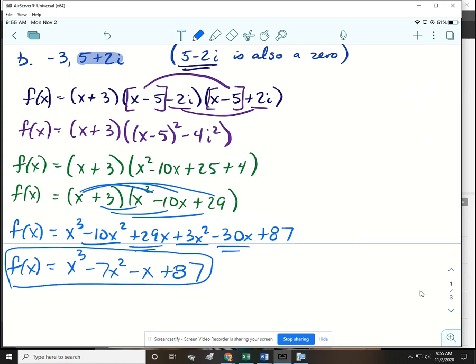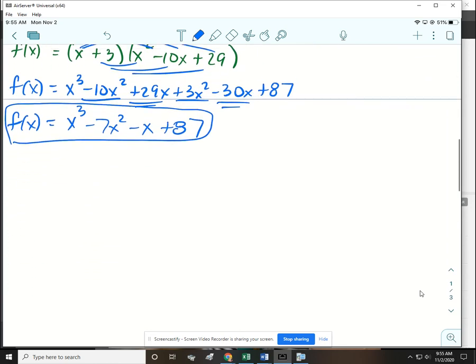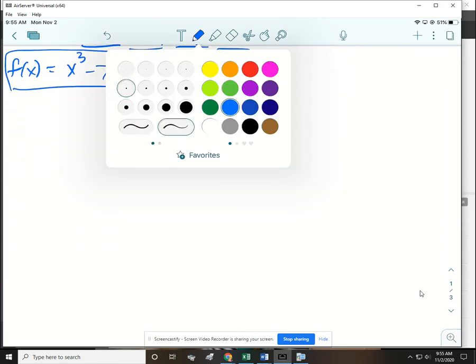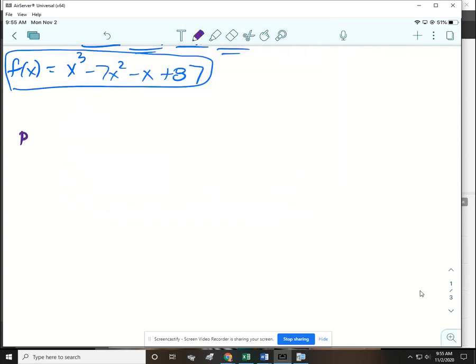All right, and then the last example we're going to do is actually a problem out of your book. It's on page 165, number 55. I'll just read it to you. So the directions say to use the given 0 to find all the zeros of the function.